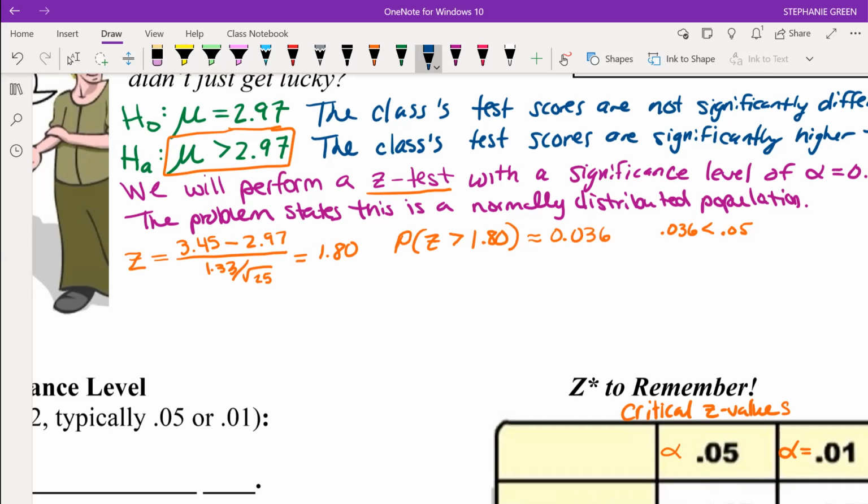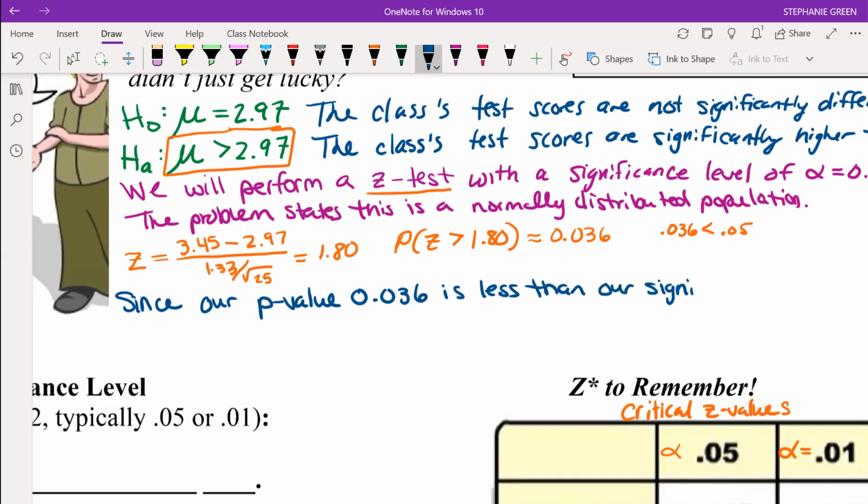So how do we write that? We say, okay, well, since we have to give a reason, our p-value 0.036 is less than our significance level, alpha, which we chose to be 0.05, we reject the null hypothesis.